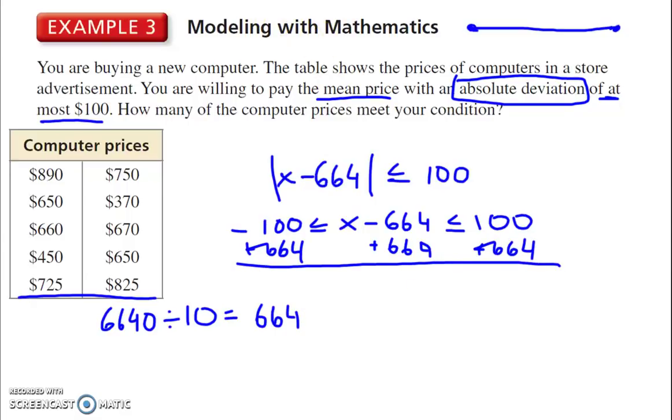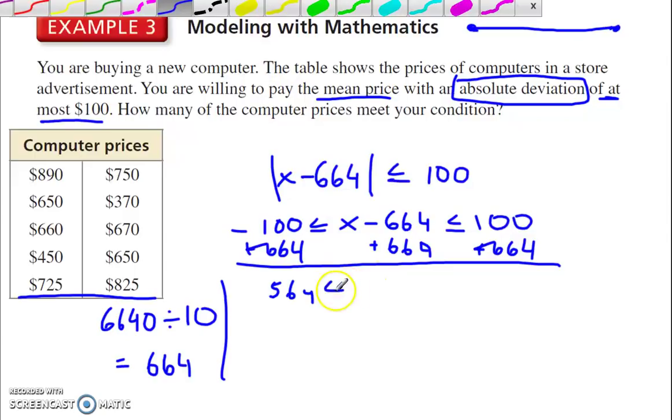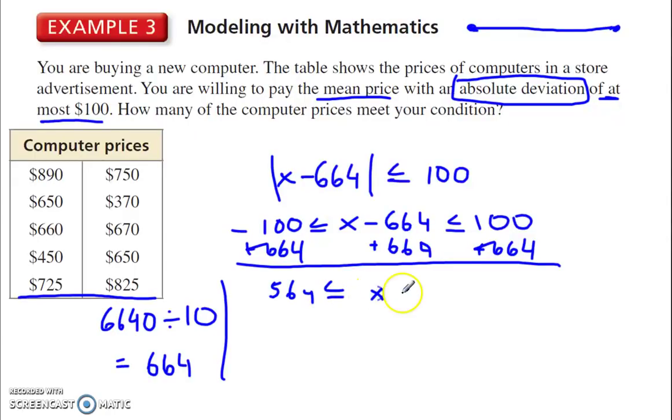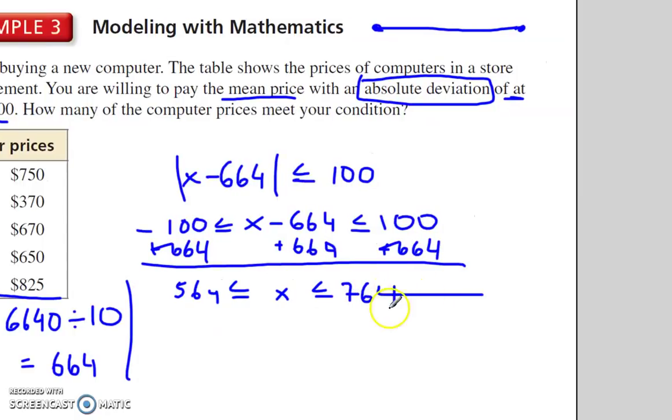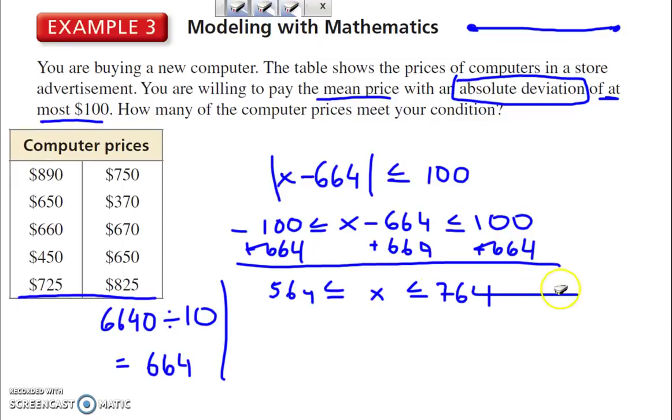And we get 564 is less than or equal to x, which is less than or equal to 764. 4s are difficult with this board.